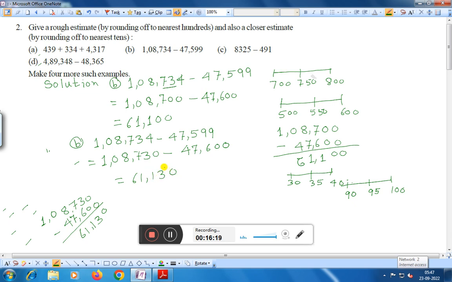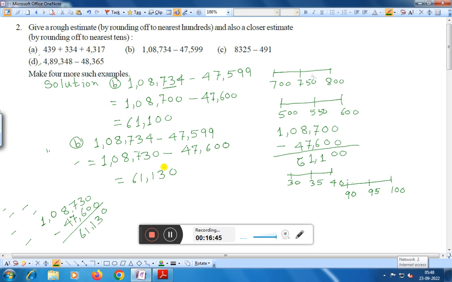Therefore here we see that if we estimate this number by rounding off to nearest 10, we are getting a much more accurate difference, right? That means 61,130 is nearer to the actual difference. This is the solution of question number B.